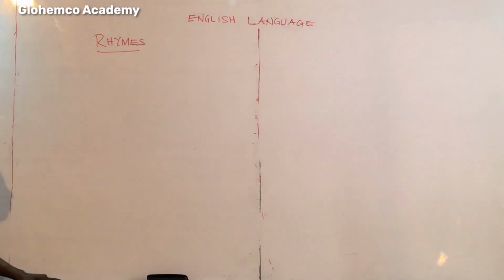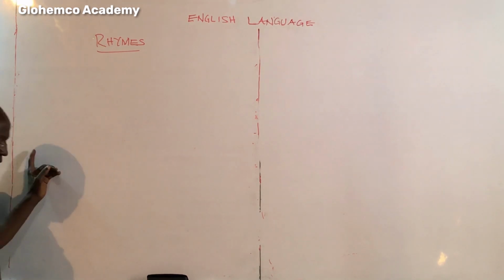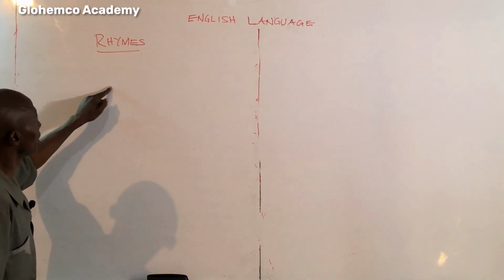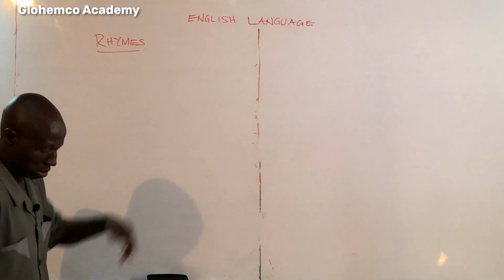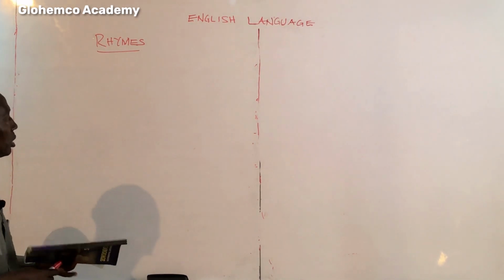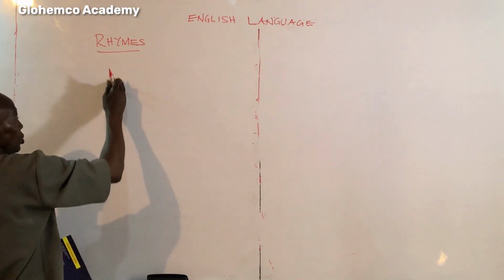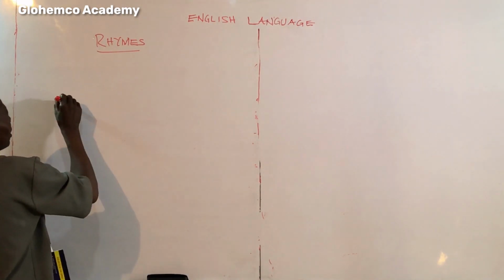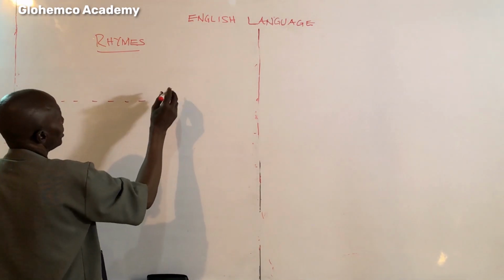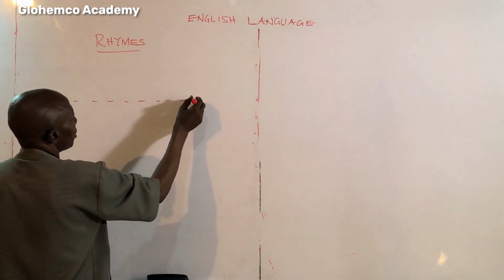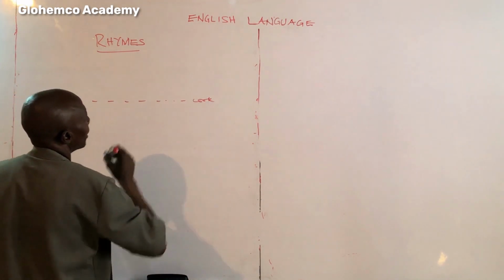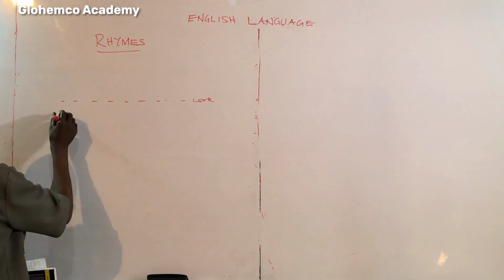When you have a line of poetry, by the time I use literature display, you get it better. And at the end here, you have cook. Another line.